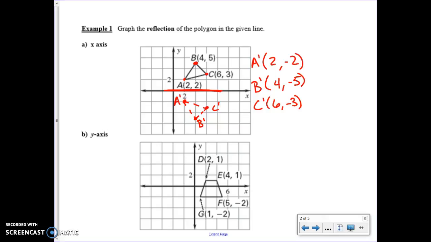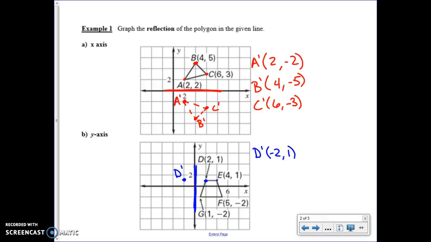Very similarly, if we reflect over the y-axis, the y-axis is the vertical here. So D is 1 to the right, so we're going to move it 1 box to the left and call that D prime. So D prime is at (-2, 1).